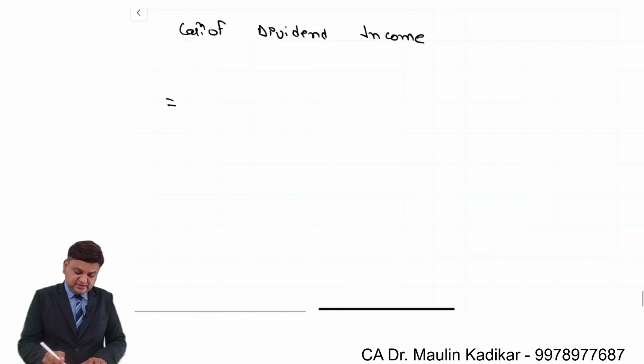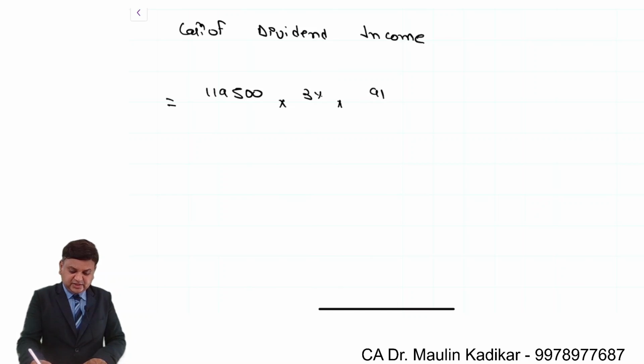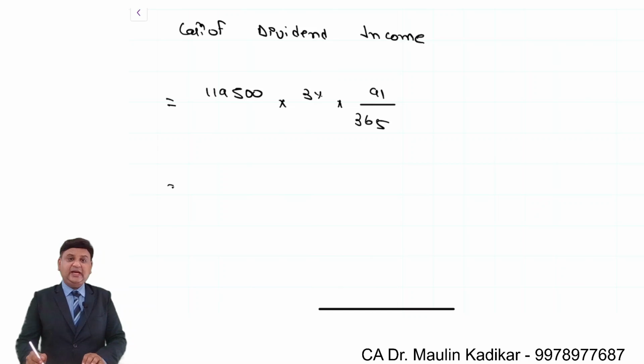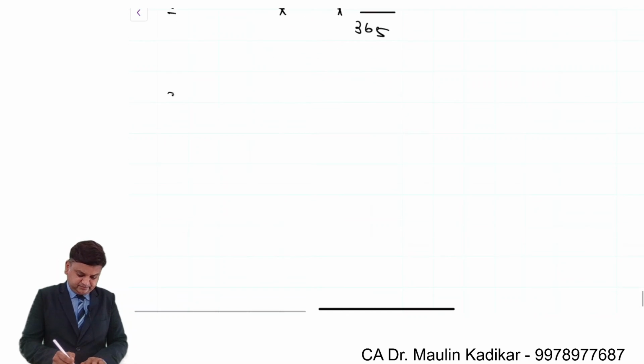So the dividend income is equal to 1,19,500 into rate of dividend, 3 percent per annum. So for 91 days it will be calculated like this: 1,19,500 into 3 percent into 91 upon 365. So the answer comes to 893.79.